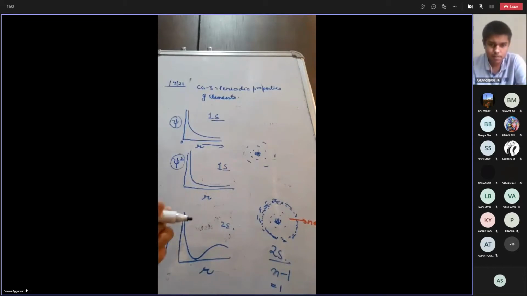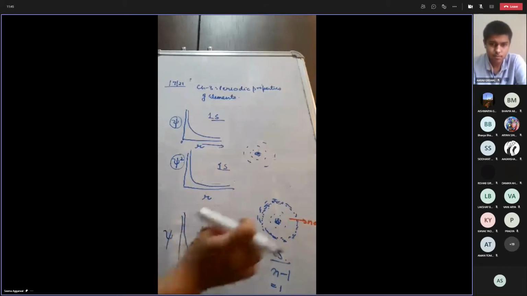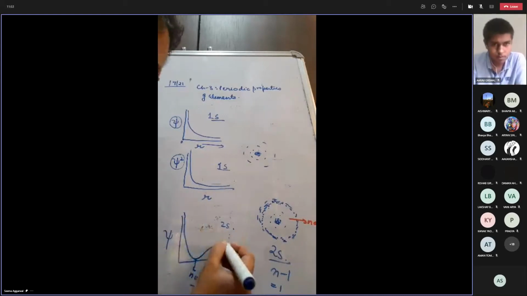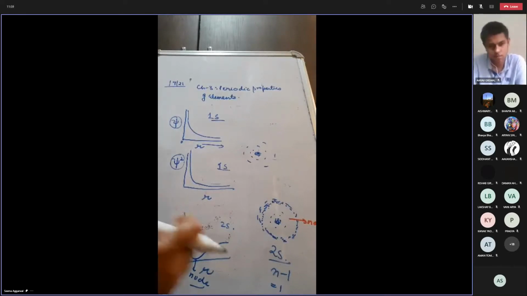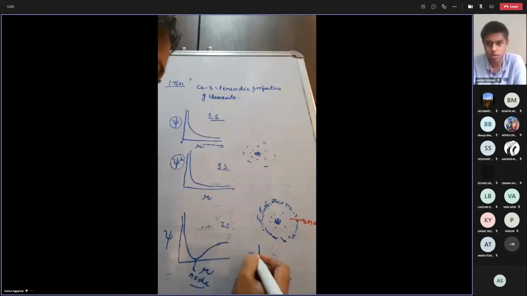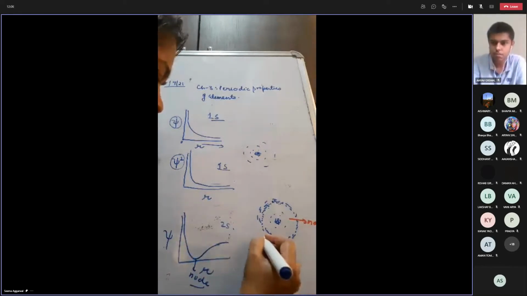Is it okay? Near the nucleus it is very high, then it goes on decreasing. This point is called the node point, where the value of psi becomes 0, and then it again increases. Now, if we plot psi square versus r, the trend will be almost the same.